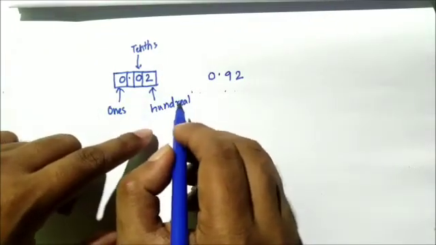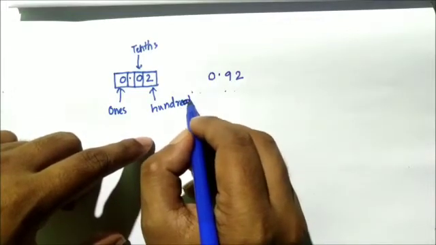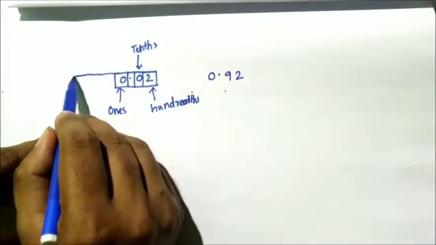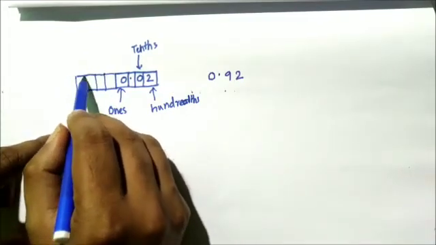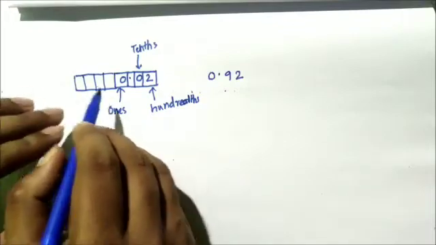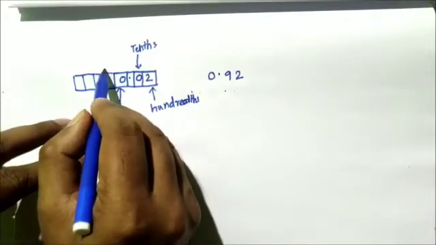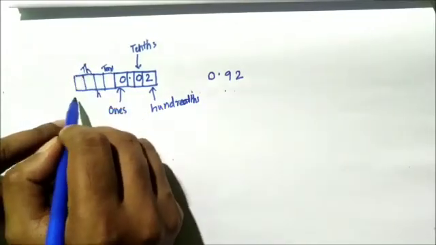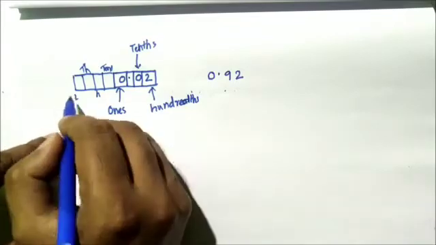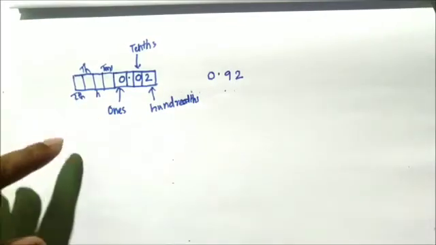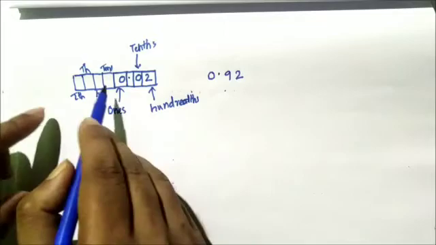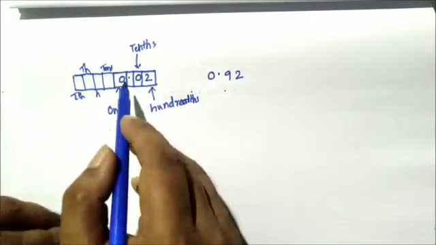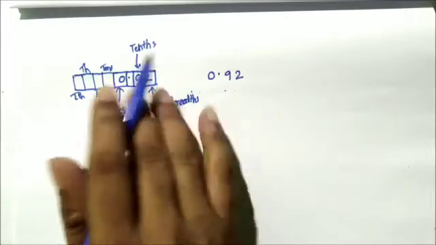If any number comes here, we will name it as tens position. This is hundreds, this is thousand, and this is 10,000. Ones, tens, hundreds, thousands, 10,000. In the same way, after the point, we have tenths, hundredths, and so on.